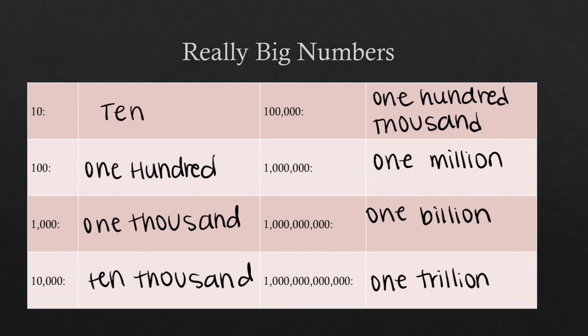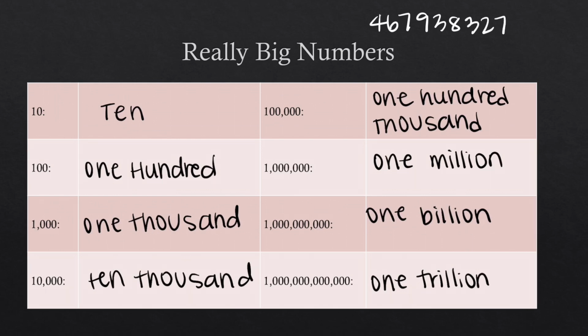When we get to really big numbers, if we have anything else other than 1 and 0, trying to read it out loud is such a headache. Like if I wrote 467,938,327, nobody has time to actually read that out loud.